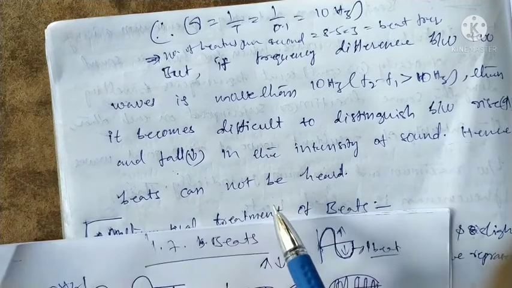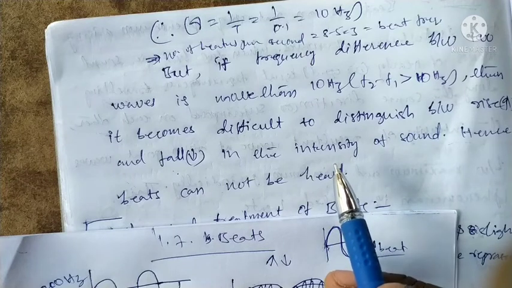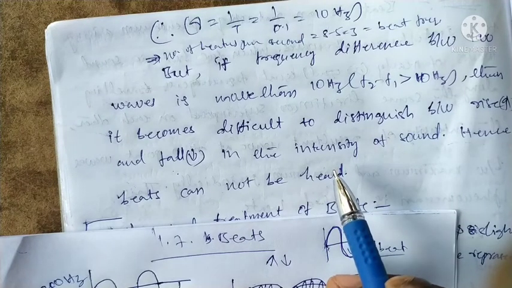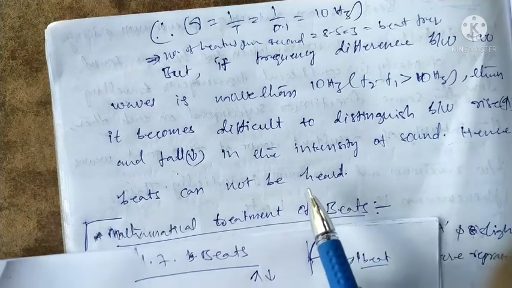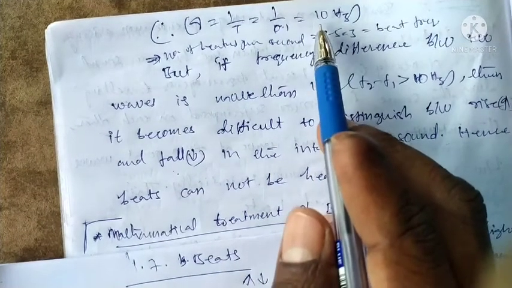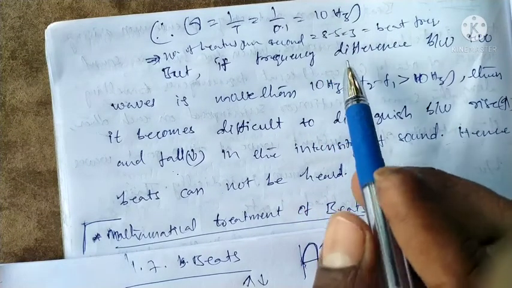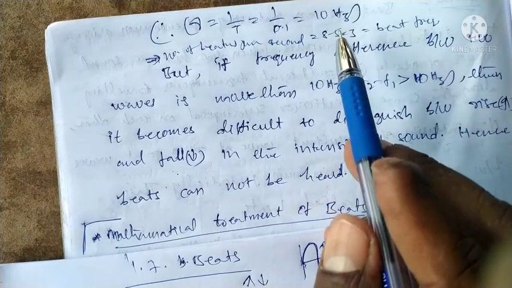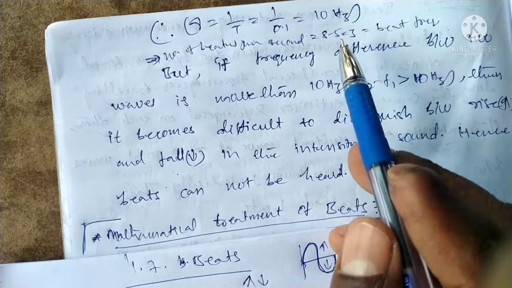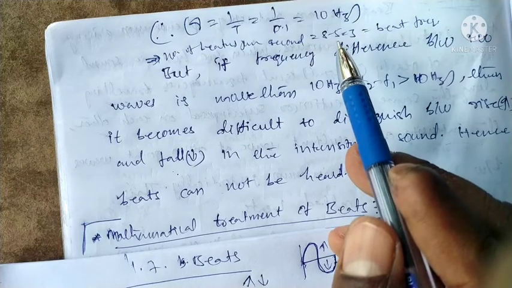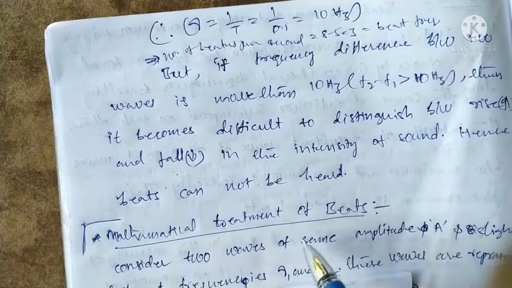So the two wave frequencies must be nearly equal, with a difference less than 10 hertz. Then they can produce different musical sounds, tunes, that are favorable to human listening.